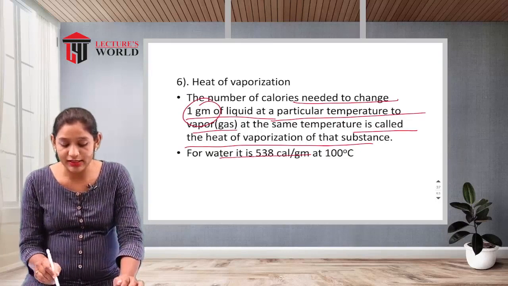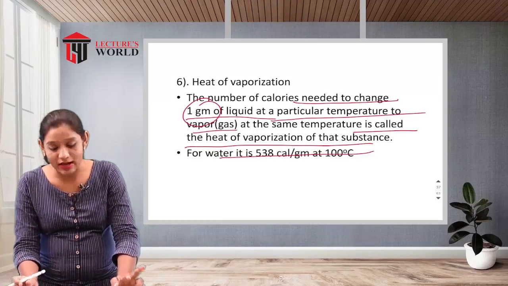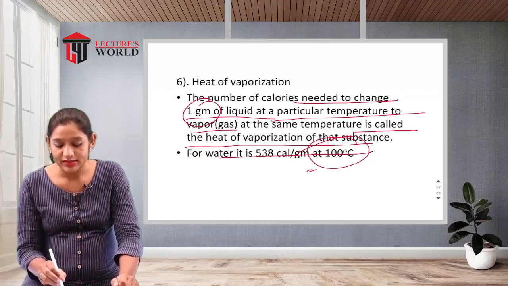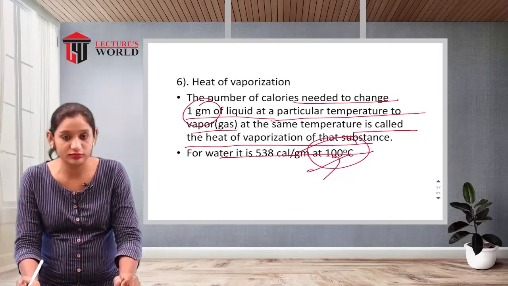For water it is 538 calories per gram at 100 degrees. Here 100 degrees centigrade is the boiling temperature of water.